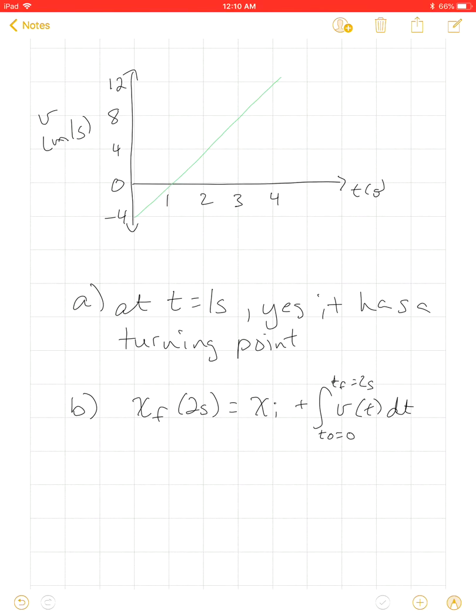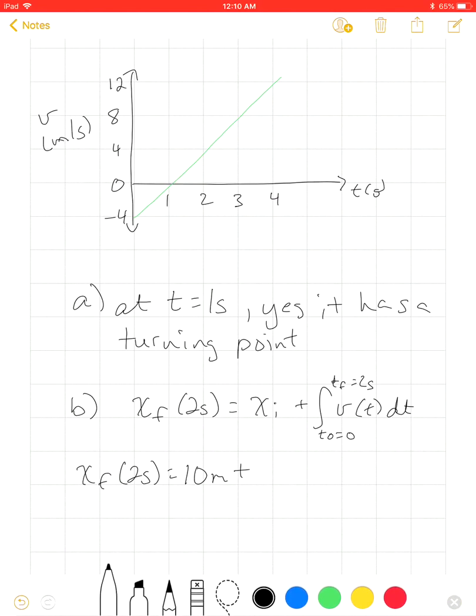Okay? So the final position at 2 seconds is equal to the initial position, which is 10 meters, plus, we've got to integrate, except we have a linear function, and if you remember what I talked about in the previous video, the linear function means that we can just take the area of the triangles.